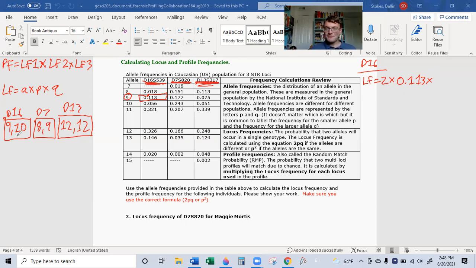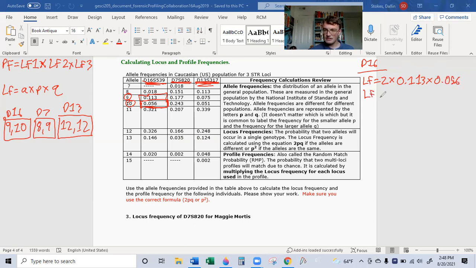The allele frequency of having a 10 allele at D16. So let's go look here. There's my 10 allele at D16. That's 0.056.